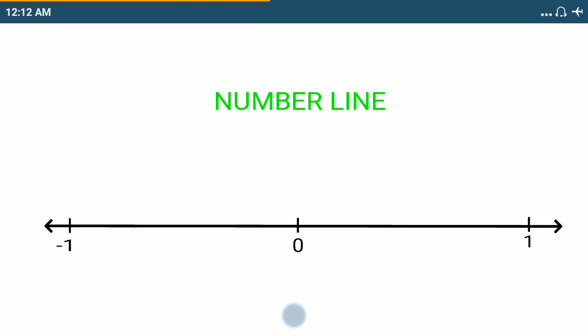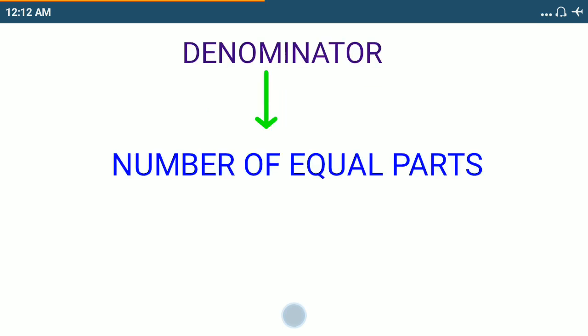Now we divide the length between 0 and 1 into equal parts. How many equal parts is the question? The denominator tells us the number of equal parts.